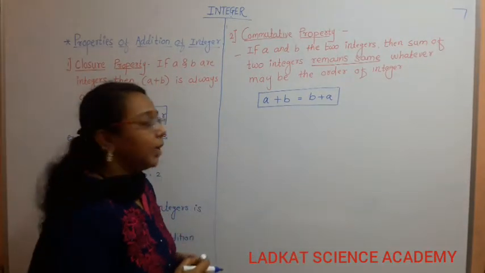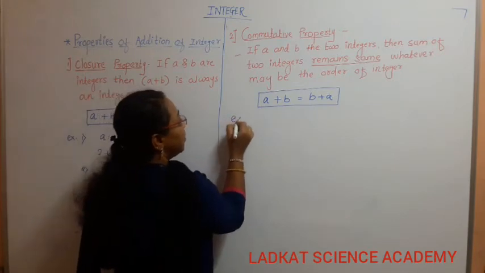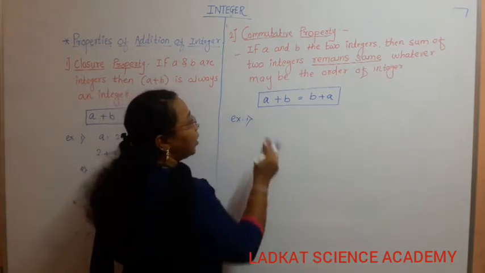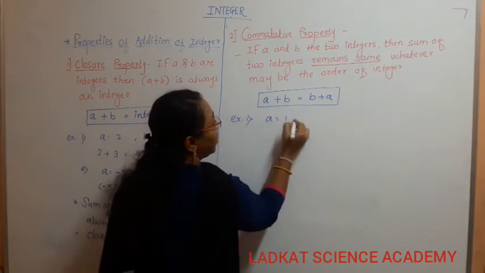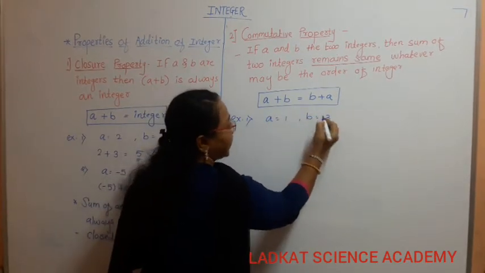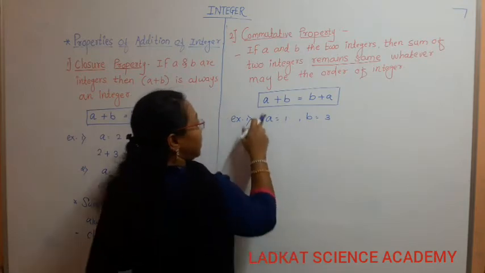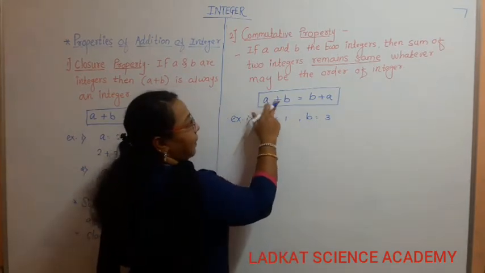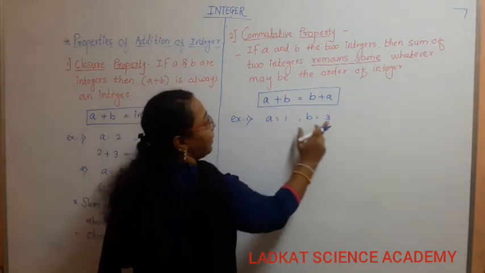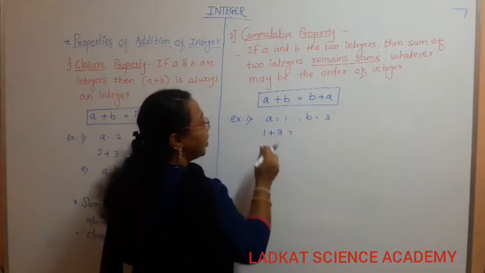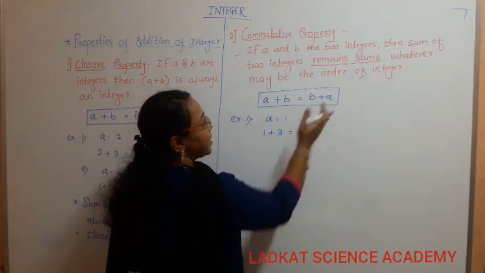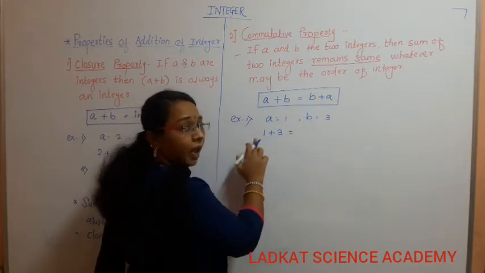We will see one example to prove this. First example, we will take both the positive numbers. A is equal to 1 and B is equal to 3. Our first condition is A plus B, means 1 plus 3. After that equal to B plus A. We will change the order of the integers.